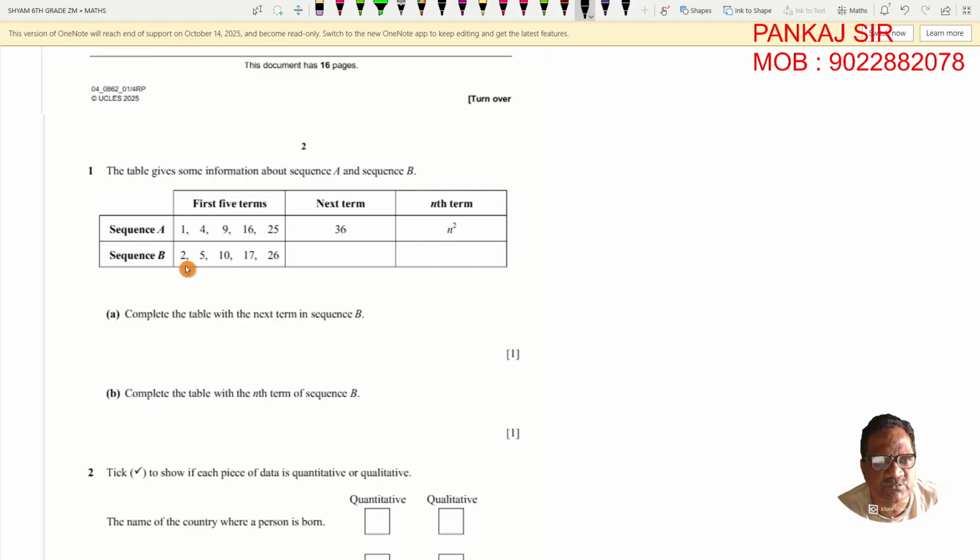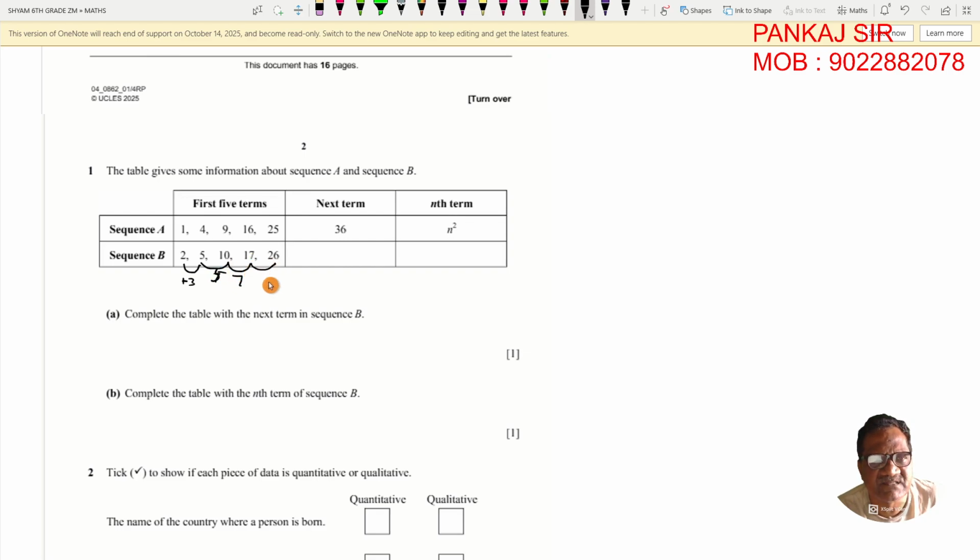So this is 2, then 5, 10, 17 and 26. Let us see. 2 plus 3 is 5. 5 plus 5 is 10. 10 plus 7 is 17.